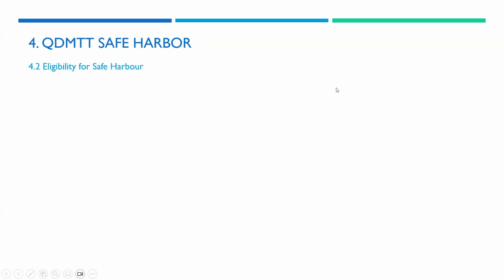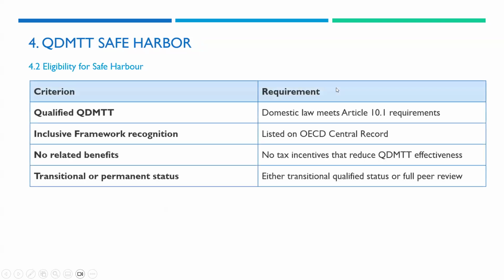Now, eligibility for safe harbor. It won't be given to everybody. First thing is you should have a qualified QDMTT. Second thing is there should be Inclusive Framework recognition. So it should be listed on the OECD central record that you have a QDMTT safe harbor. Just because you have a qualified DMTT does not mean you also have a safe harbor.